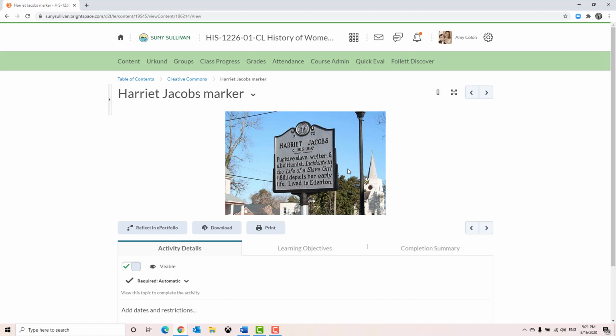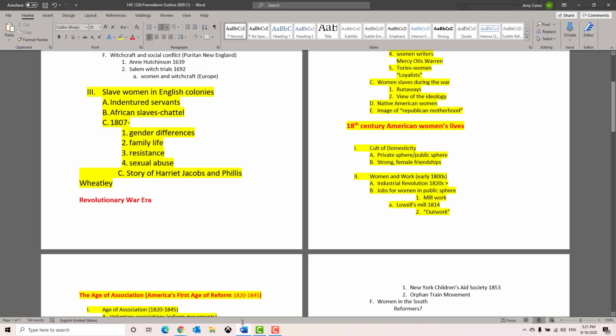And in 1861, she published her autobiography. And her book was called Incidents in the Life of a Slave Girl by Harriet Jacobs. That autobiography was published in 1861, same year the Civil War began.